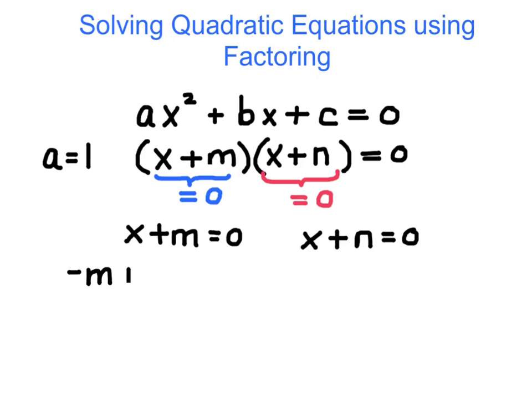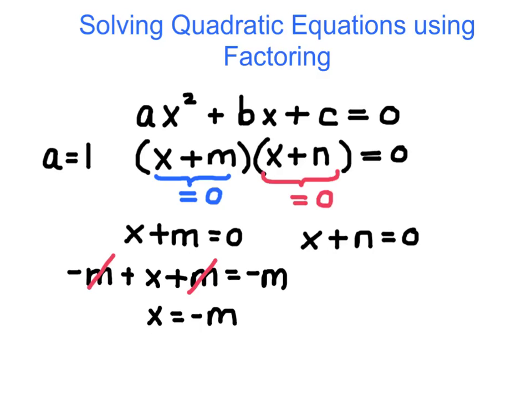That is the additive inverse of m. So if we add a negative m to both sides, then a negative m and a positive m cancel out, and we have that x is equal to negative m.